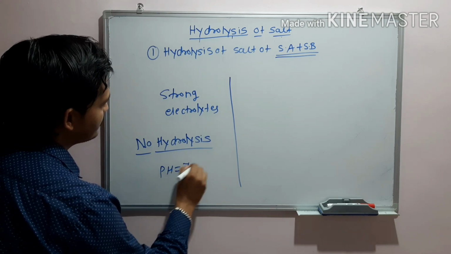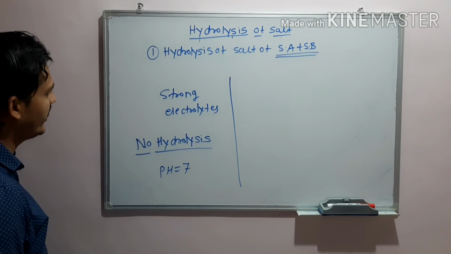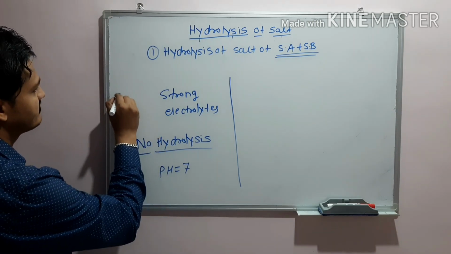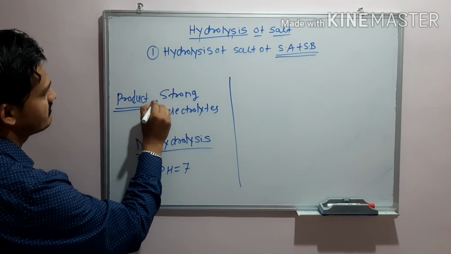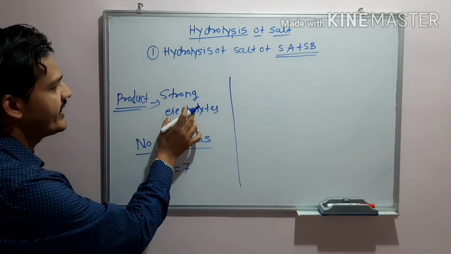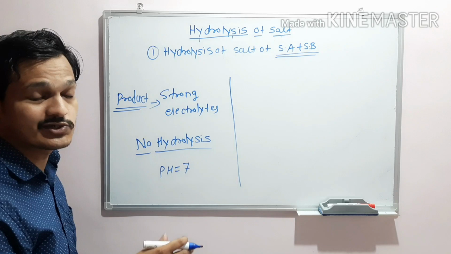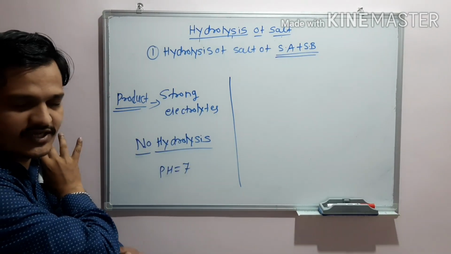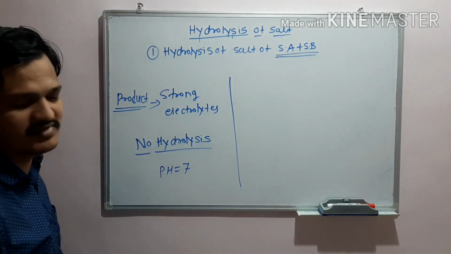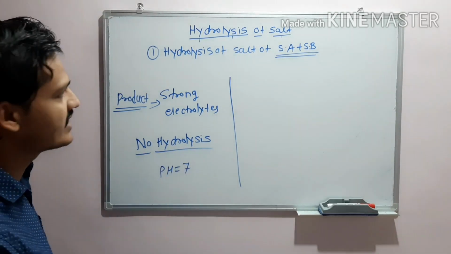If the product is a strong electrolyte, that means strong acids and strong base, no hydrolysis reaction takes place. pH will be 7. I am explaining that, so don't worry about that.